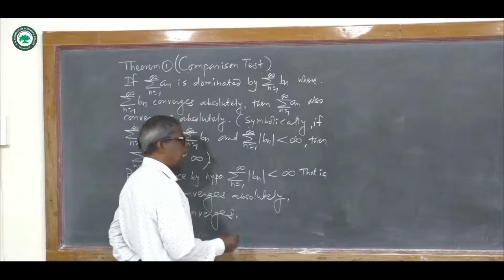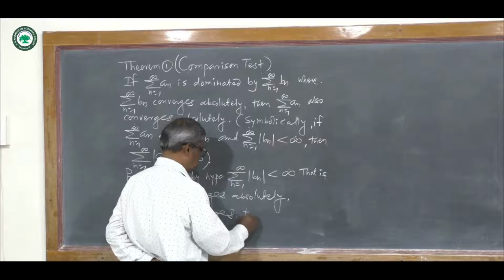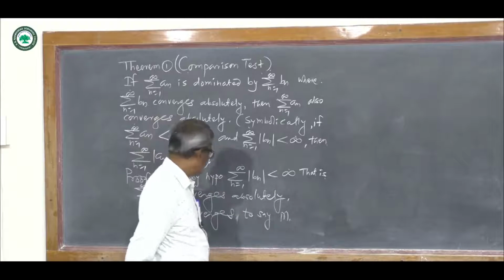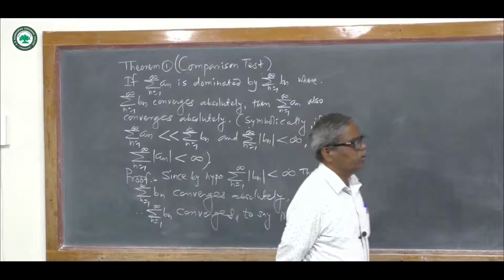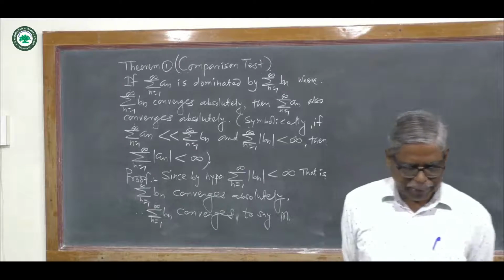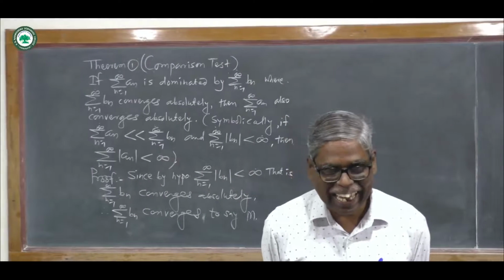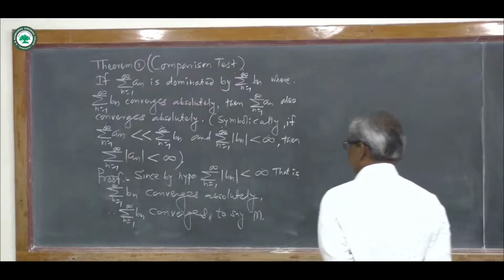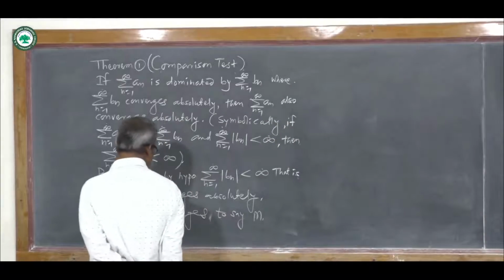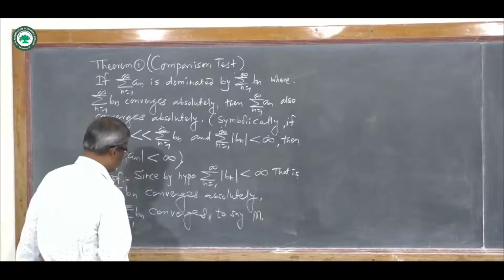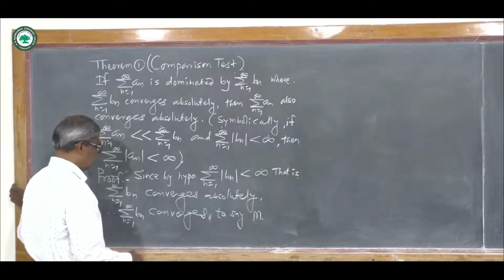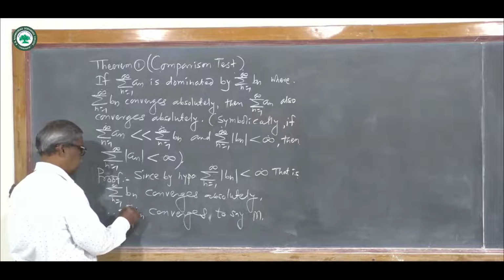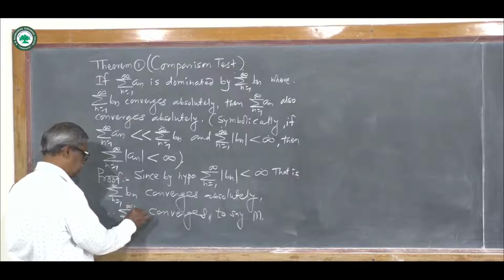Sigma bn converges to, say, capital A. If the series sigma an converges to capital A, then we write sigma an is equal to A. Sigma mod bn converges by definition of absolutely convergent series.